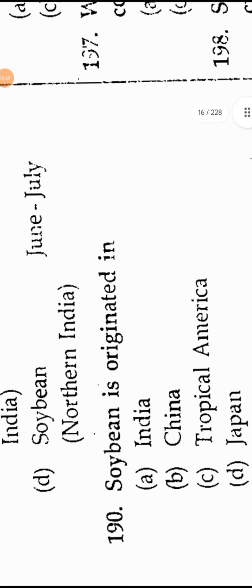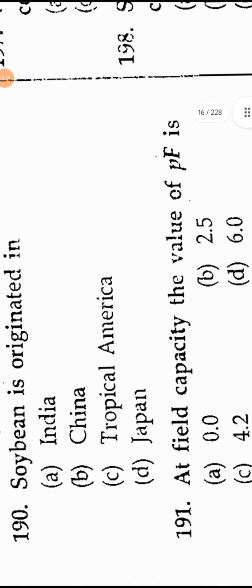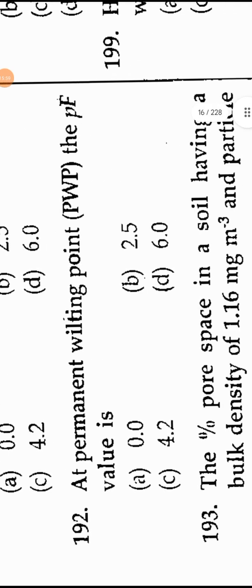Soybean is originated in, yes, China. The field capacity value of pF is option B, 2.5. At permanent wilting point, the pF value is option C, 4.2.